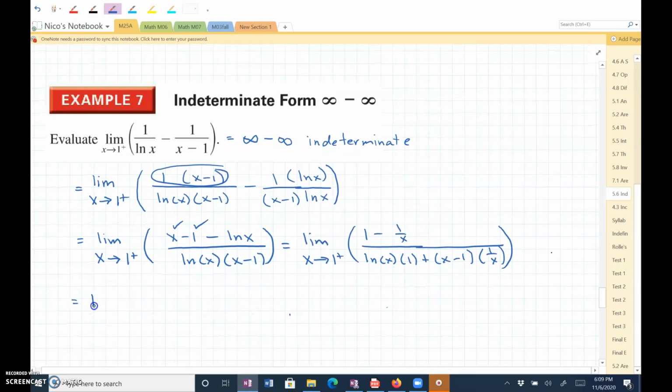So now I've got the limit as x approaches 1 from the right of 1 minus 1 over x, all over natural log of x plus, if I multiply this through, 1 minus 1 over x.